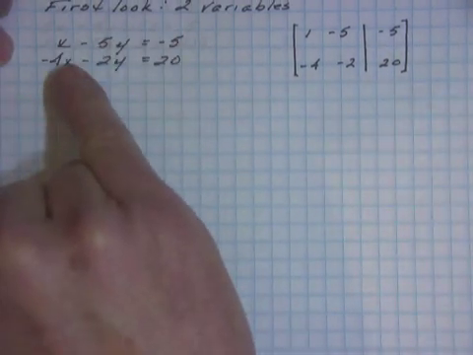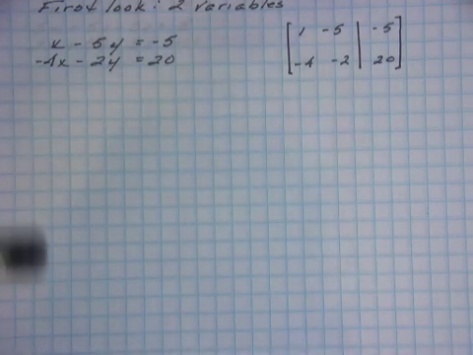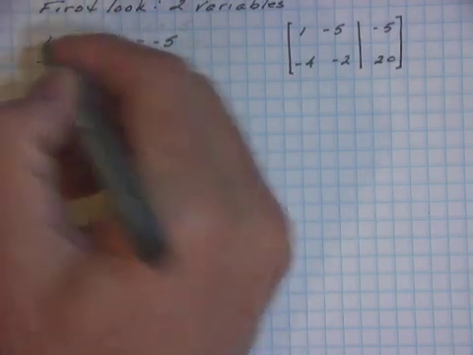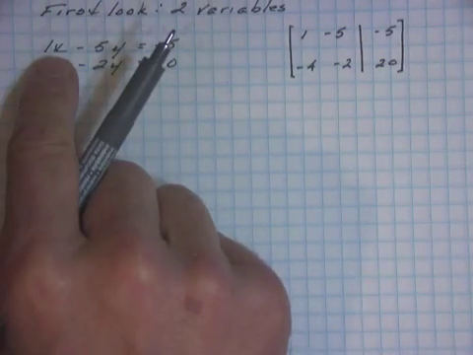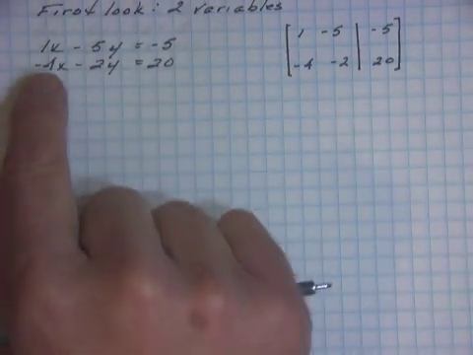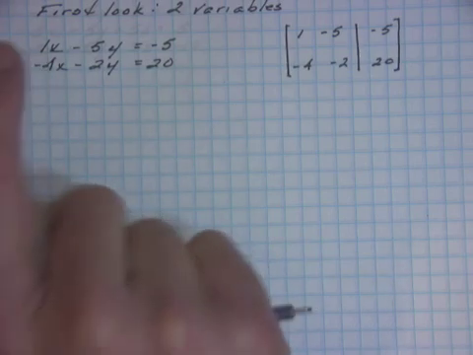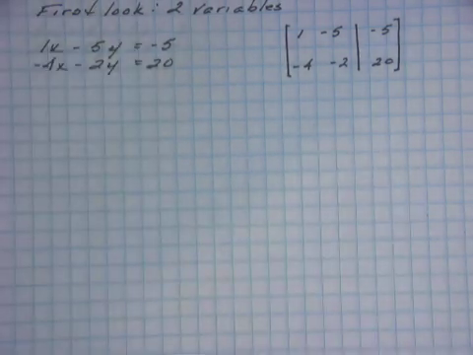So we've got this system over here, and notice that I've already got a 1 where the x is. So I'm not going to change that. That looks pretty good. But I want to change this second row so that the x there is 0. I want to change that negative 4 to a 0.